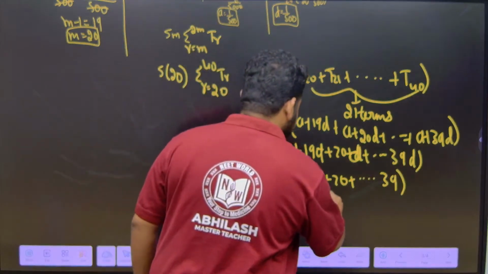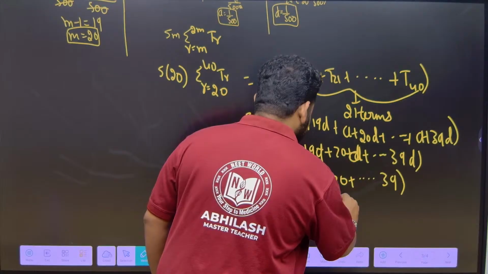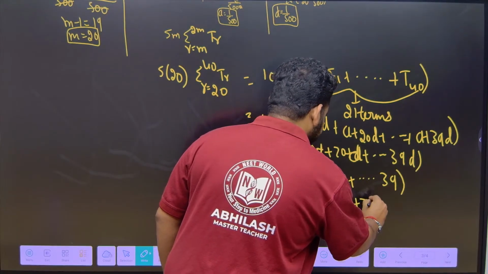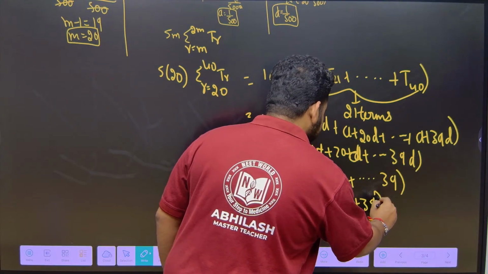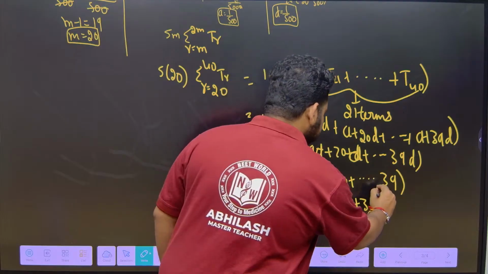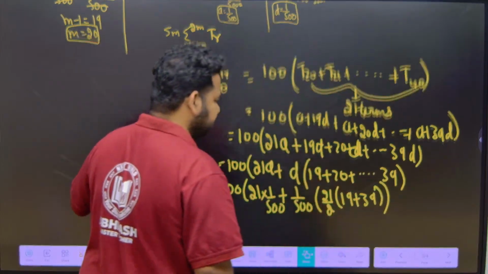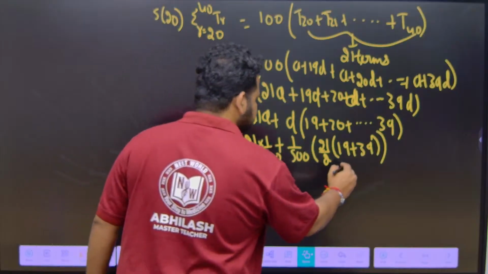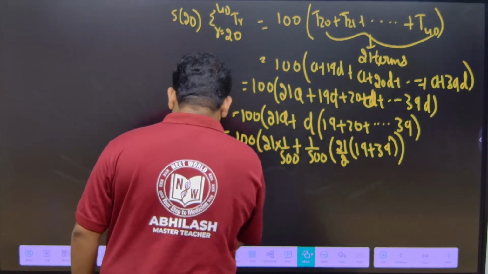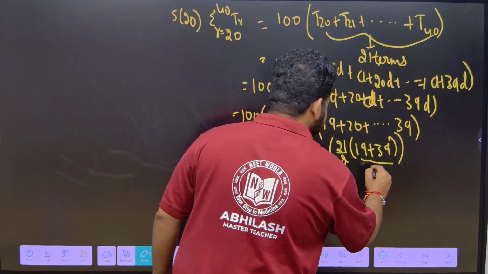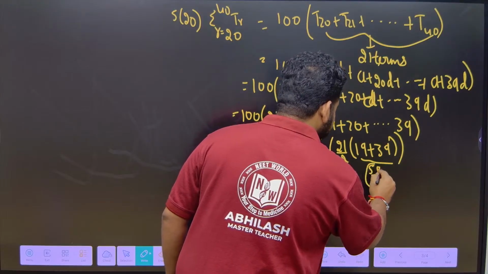The sum of 21 terms I can write as 21 by 2 into (19 plus 39). 19 plus 39 is 58, and 58 divided by 2 is 29.